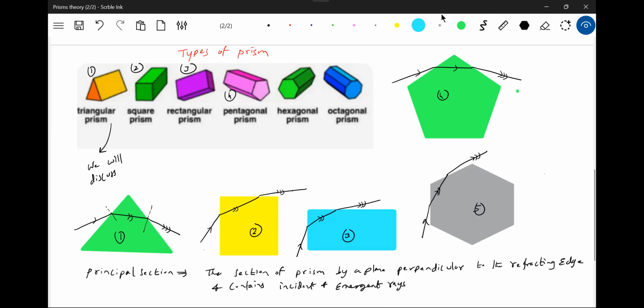Every time this three-dimensional analysis will be very difficult, so therefore we'll go for a plane diagram.